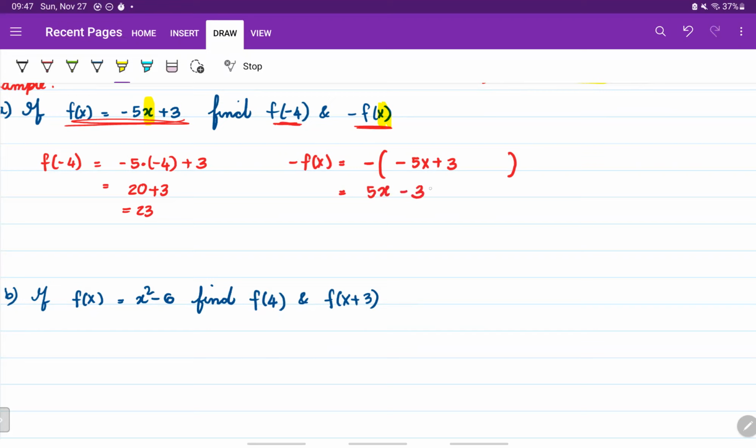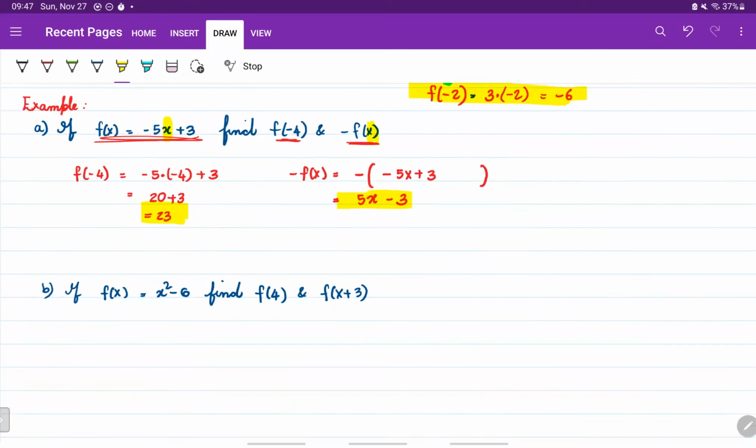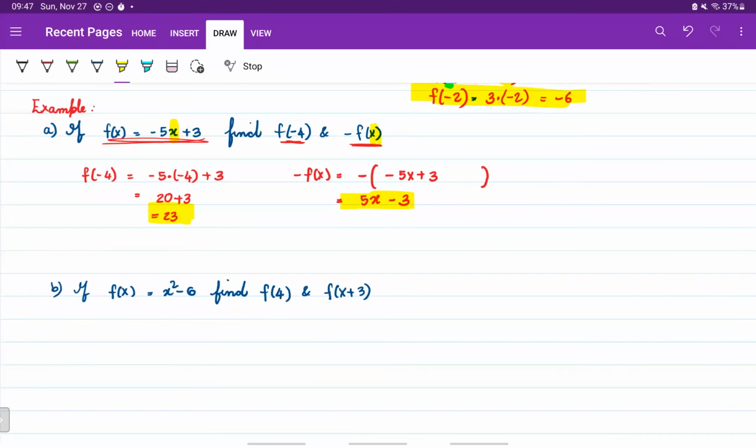So this is our negative f of x, and this is our f of minus 4. So evaluating functions is basically substituting. Here we are substituting minus 4, and here we are substituting the entirety of f of x to get minus f of x.